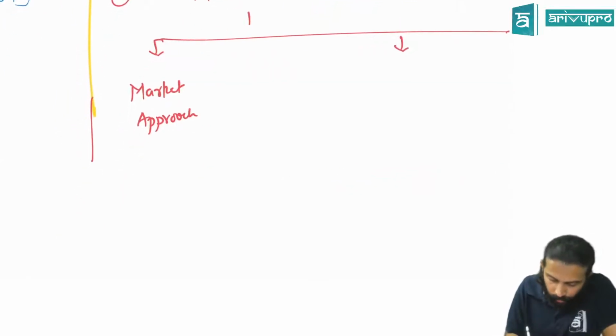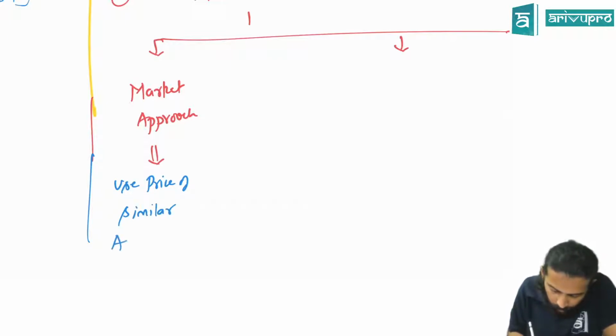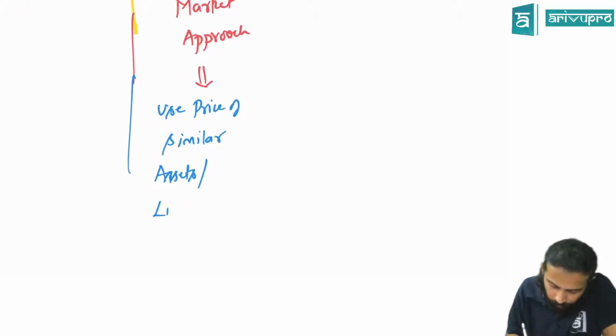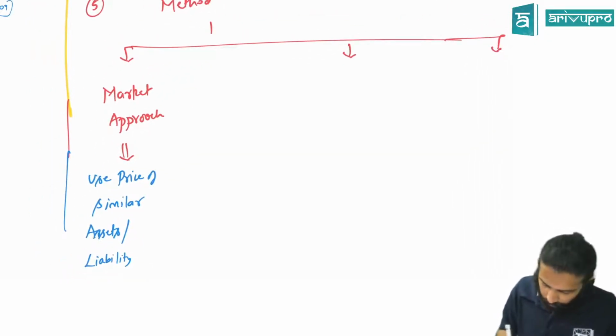Under market approach, you can write: use price of similar assets or liabilities.